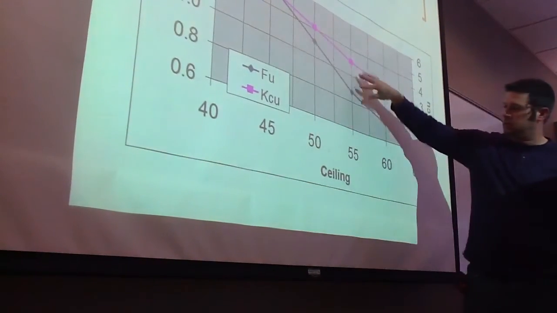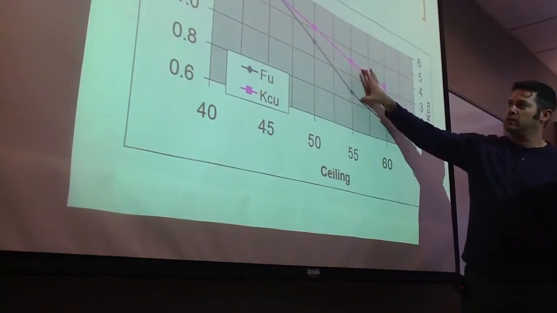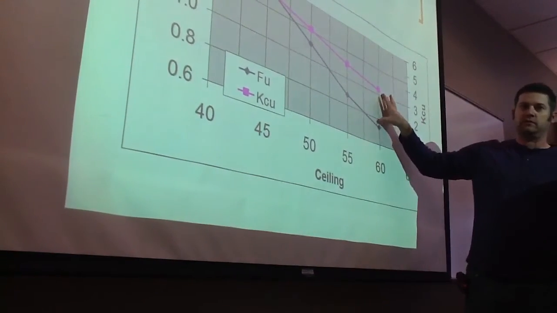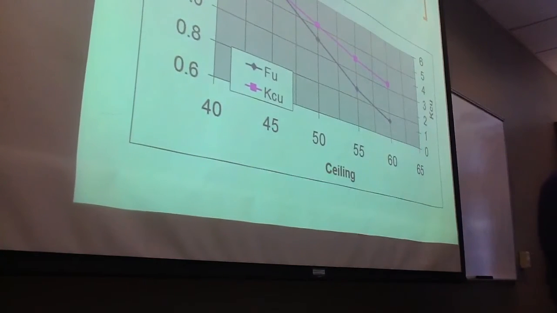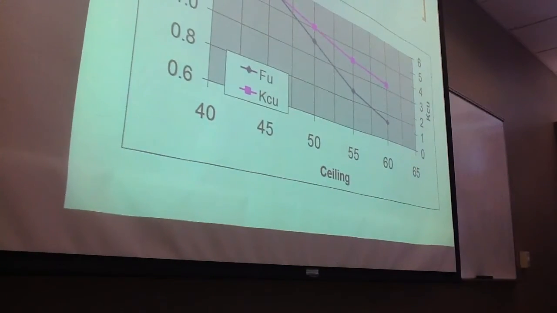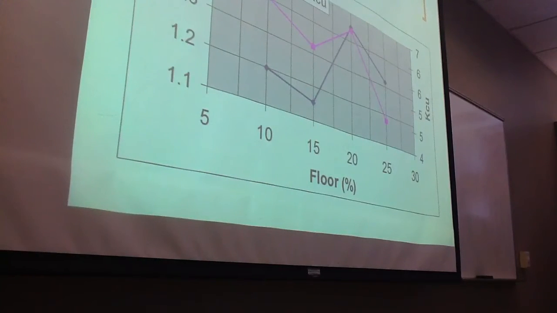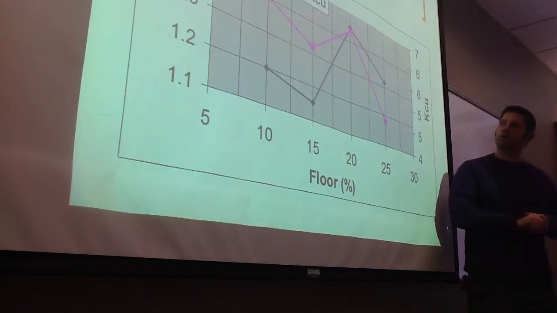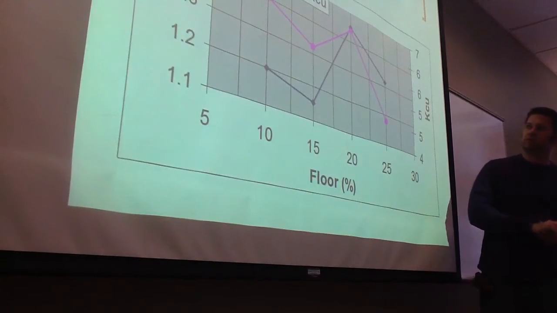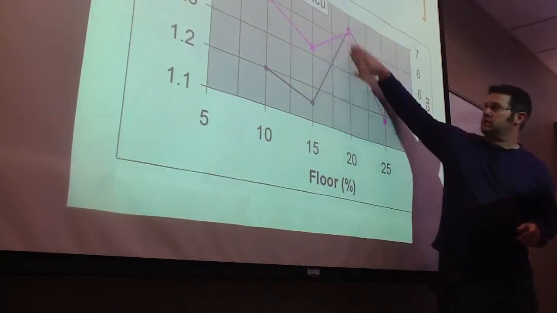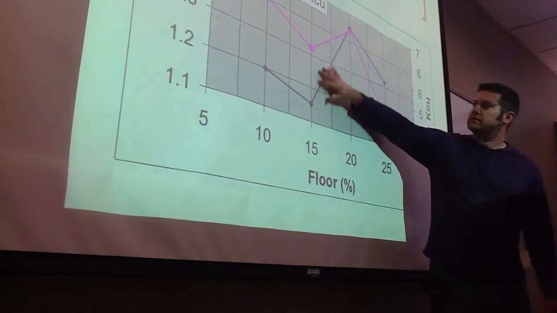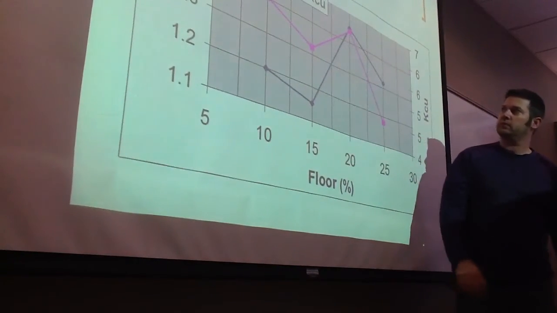But increasing the ceiling actually decreases those values. And this graph kind of came out odd. I would probably like to go back and do more experiments to see if this is a turning point or if that's just a mistake, an outlier.